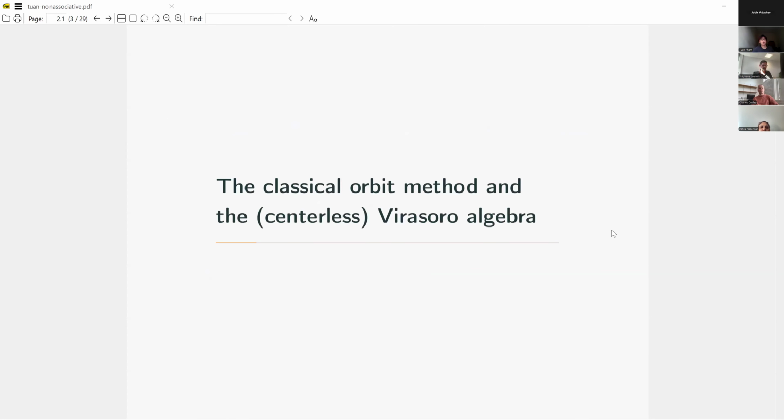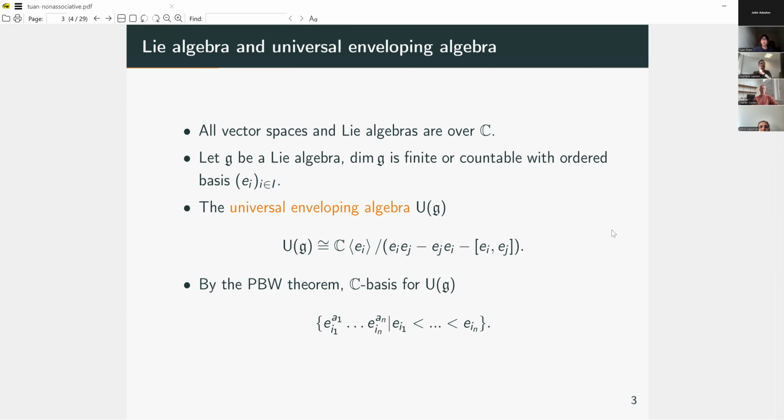First, I'll set up some notation. Throughout the talk, all vector spaces and Lie algebras are over C. Everything I say here will work for an algebraically closed field of characteristic zero, but for simplification we work over C for now.